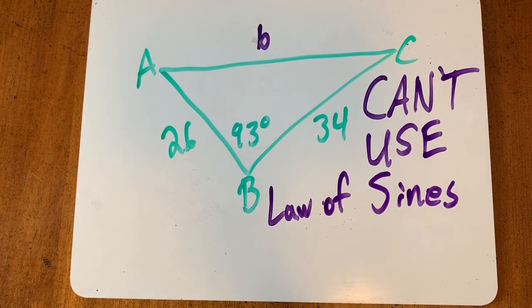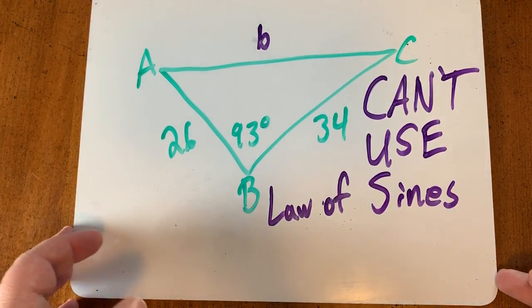Don't worry, we will figure out a way to solve this triangle, but that way is not using the law of sines. So if you have two sides and the angle in between them, you cannot use the law of sines.